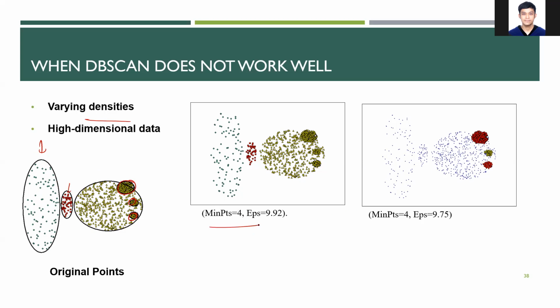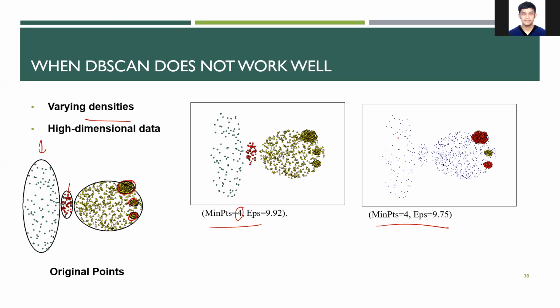For example, these are two results with different parameter settings. Here you can see the result with 4 minimum points and an EPS of 9.92. And the second result has an EPS of 9.75.